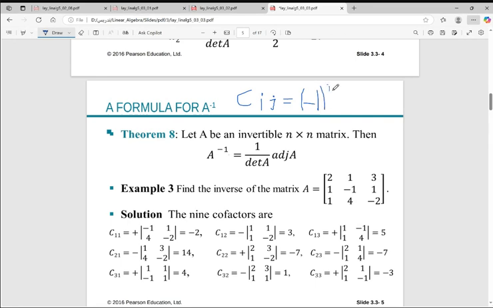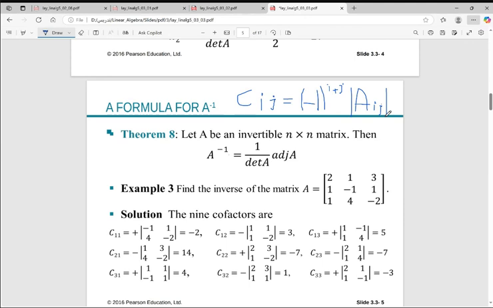So Cij equals -1 to the power of i plus j times the determinant of capital Aij. And what was capital Aij? It was the matrix resulting from removal of row i and column j from A.